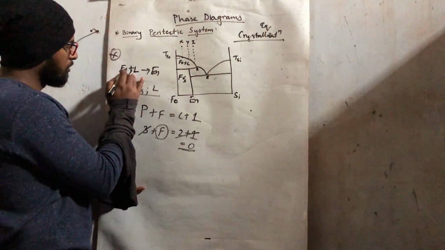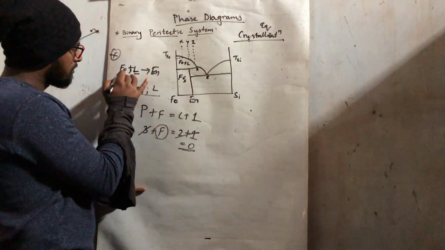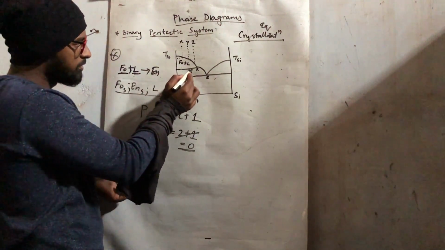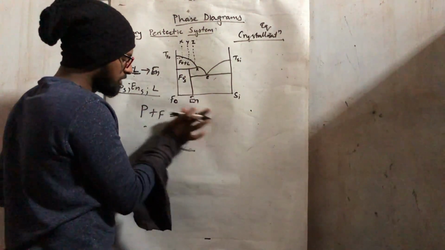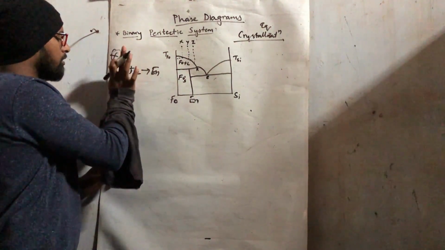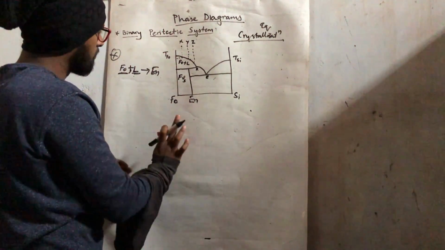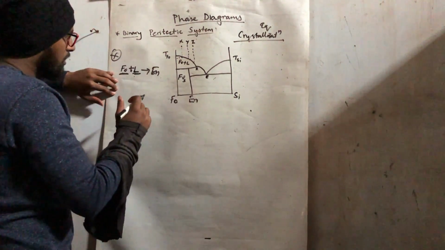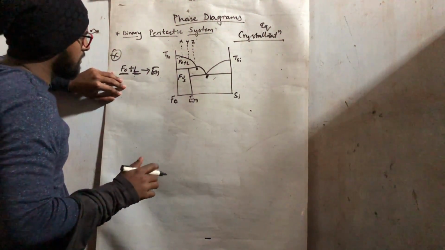Therefore, one of the components, either forsterite or liquid, has to be consumed to move the system further. After understanding why we need to exhaust one of them, we shall now see which one will be exhausted.